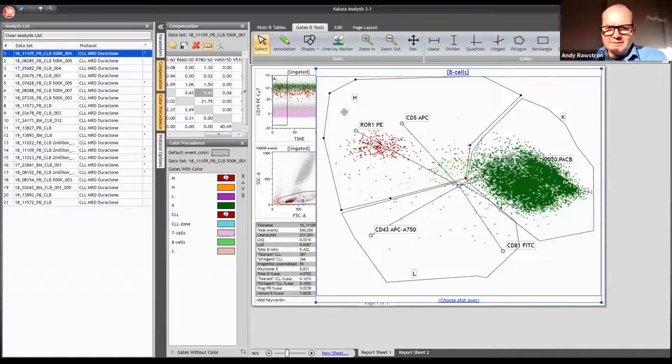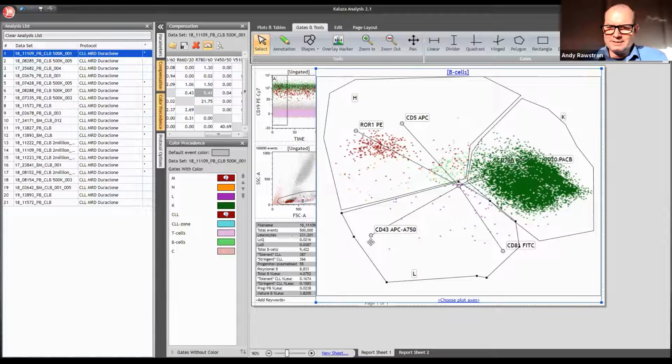So we have CD5 and ROR1, which will pull the CLL cells up in that direction. We have CD79B and CD20, just hidden underneath there. And then we have CD81, which is strong on mature B cells and even stronger on progenitors.